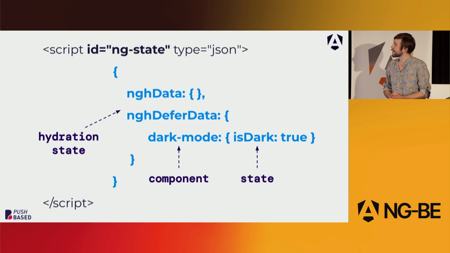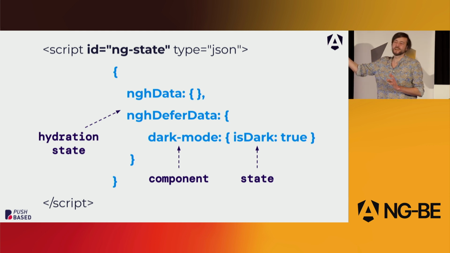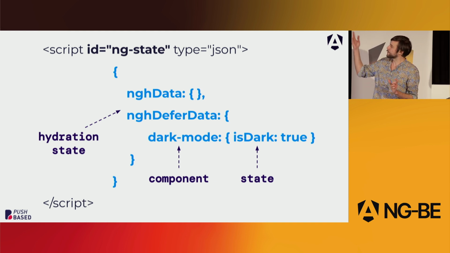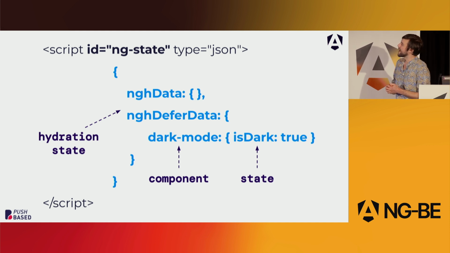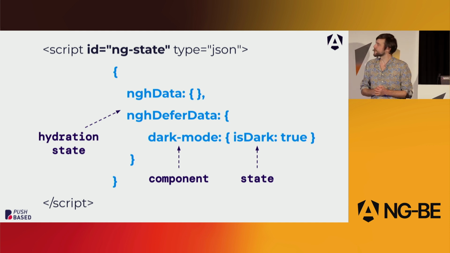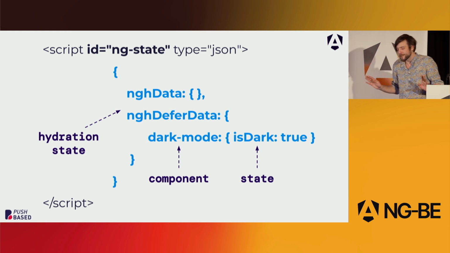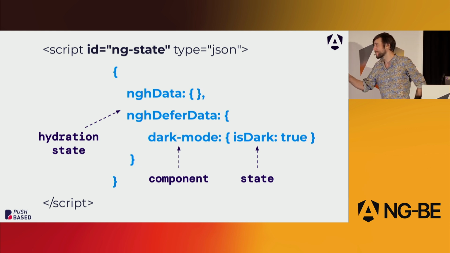You cannot really read that, but I kind of explain what it does. Okay, so you have a couple of keys. You have the first one here, ngh data. Ngh means ng hydration, most probably. I don't know, I never asked someone, but I believe ngh means ng hydration.